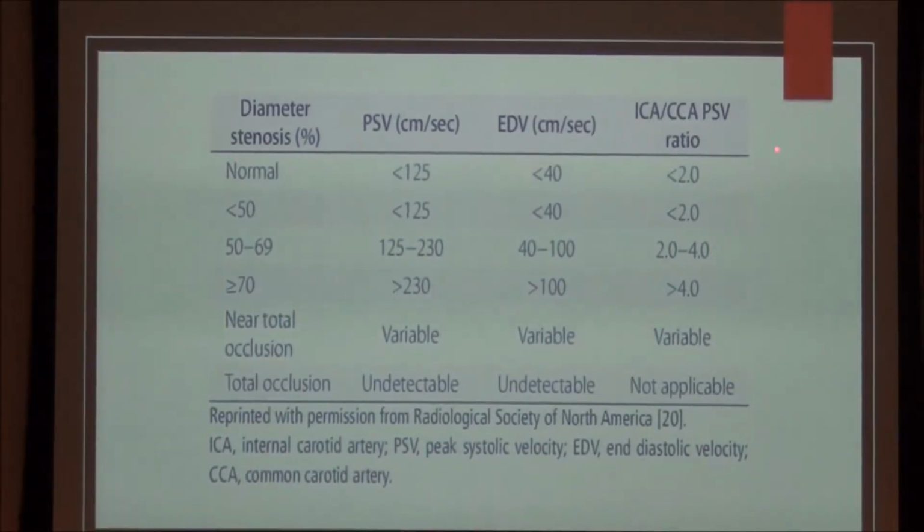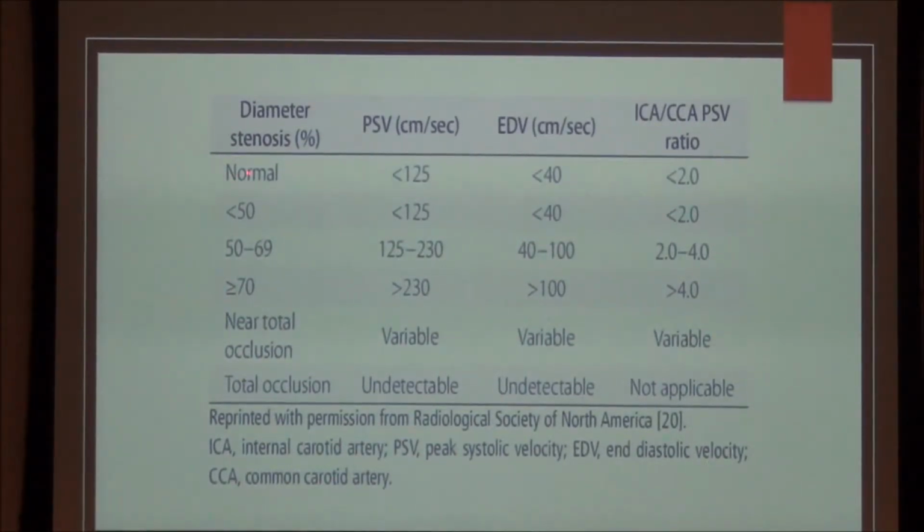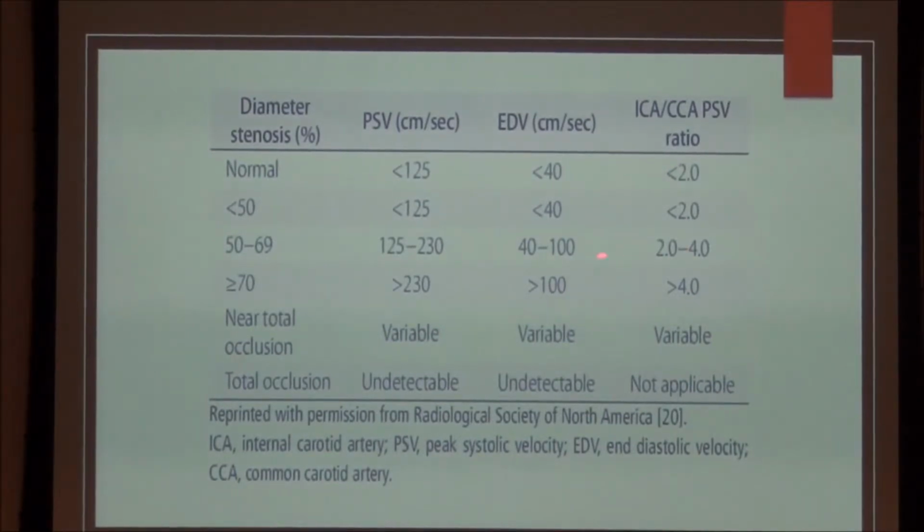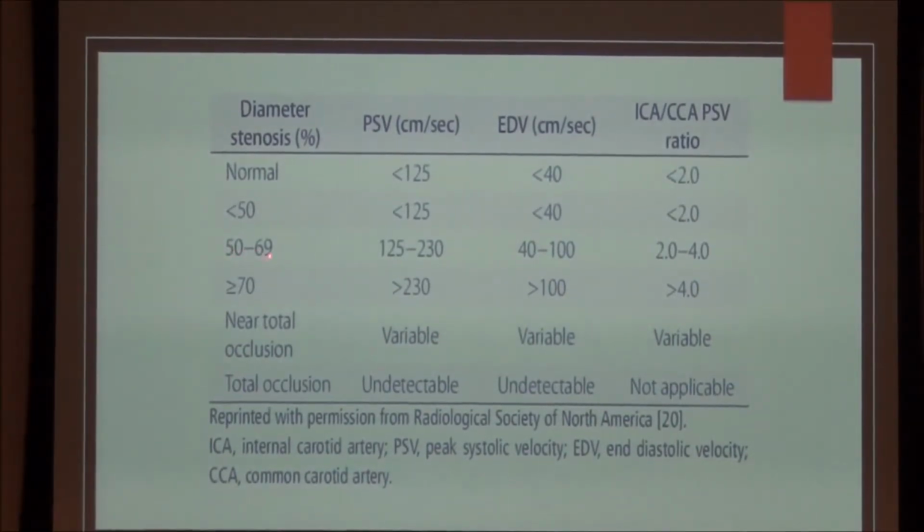So when you look at the report of the carotid artery duplex, clinically it's not important if the stenosis is less than 50% or around 50%. It gets more important when you have 50 to 69% or greater than 70%.